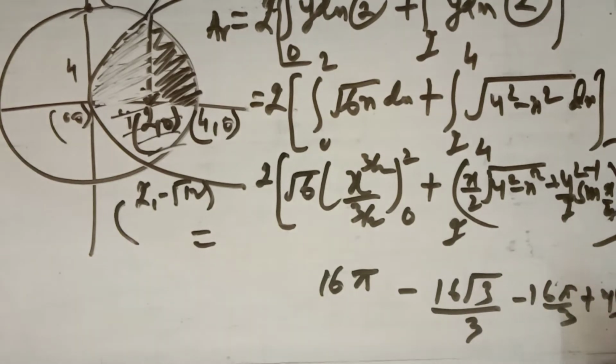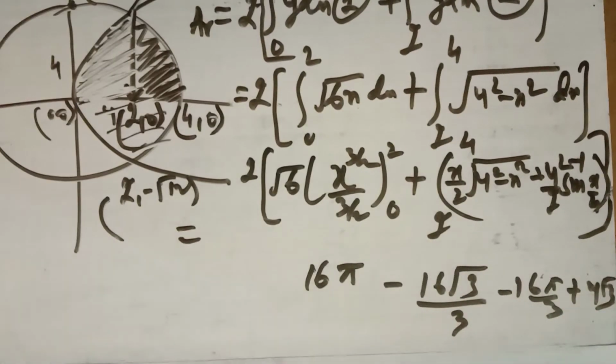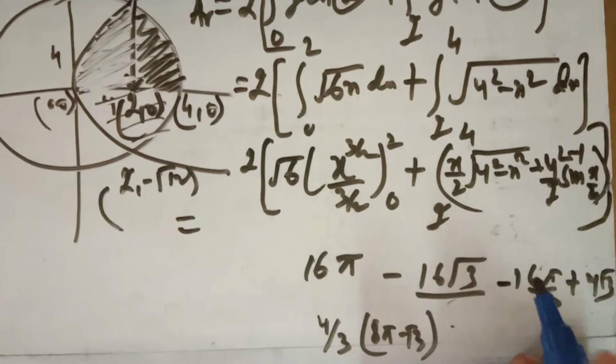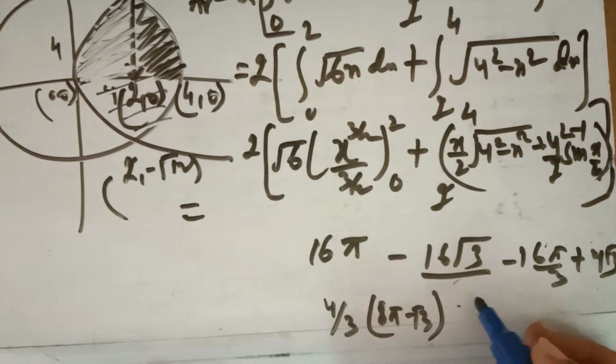Upper limit minus lower limit, you will do it, you will get this area, and when you simplify it, it will be 4 upon 3, 4 upon 3 in the bracket, it will be 8 pi minus root 3. So this is the area bounded by this curve, square units.